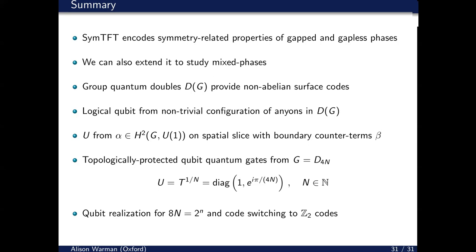So the same ideas here can be used with very different physical consequences. And from the quantum information perspective, this can be used to generate arbitrary precision phase gates purely in 2D with local Hamiltonians, and which also allow switching to Z2 based codes and qubit realizations in certain cases when the order of the group is a power of 2.